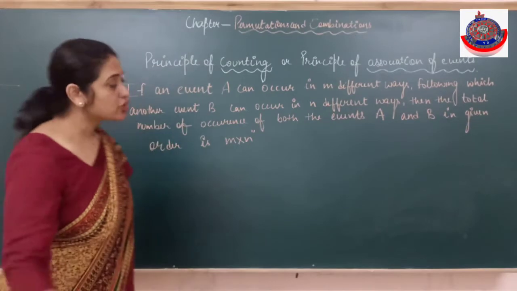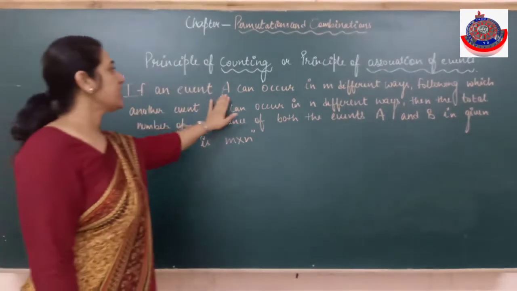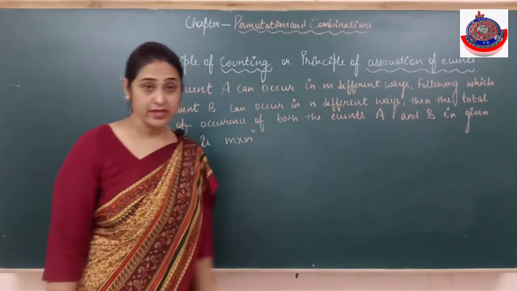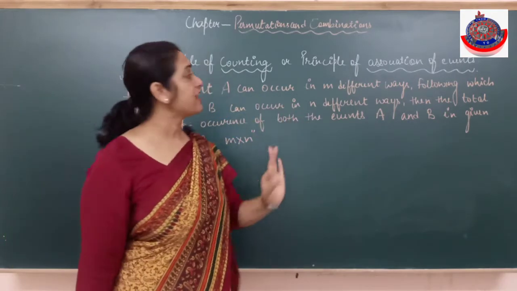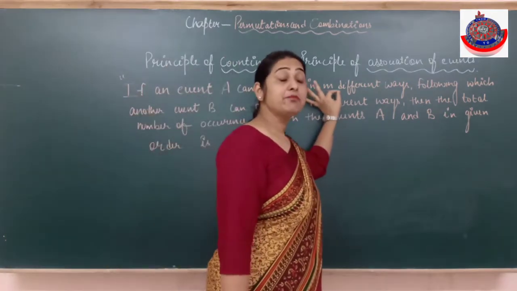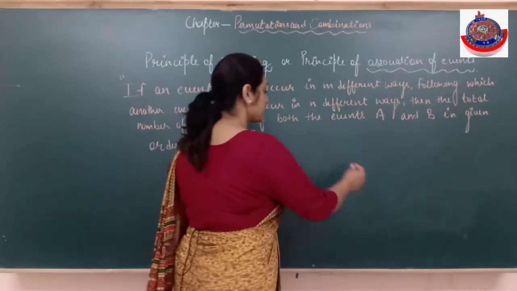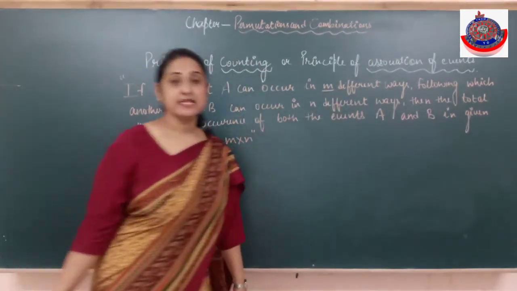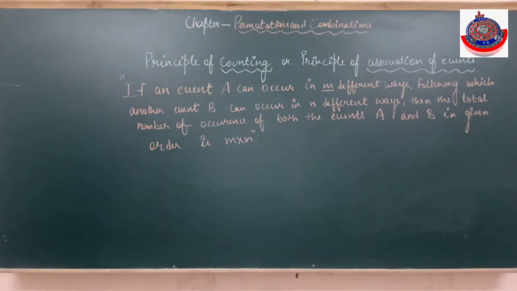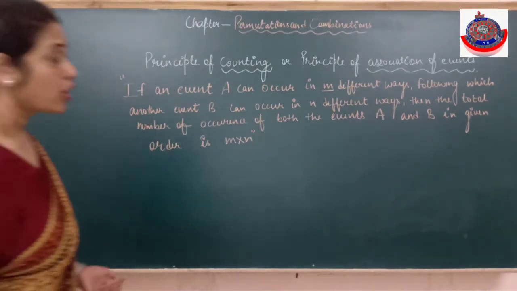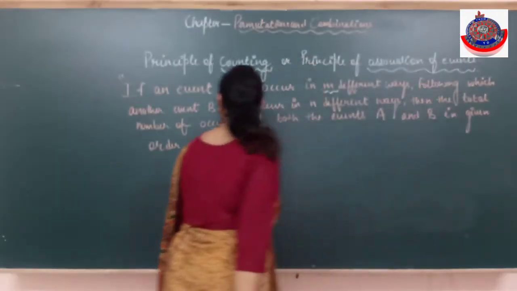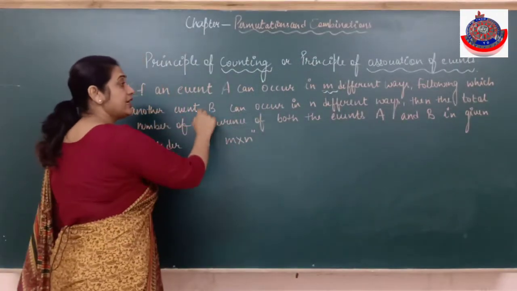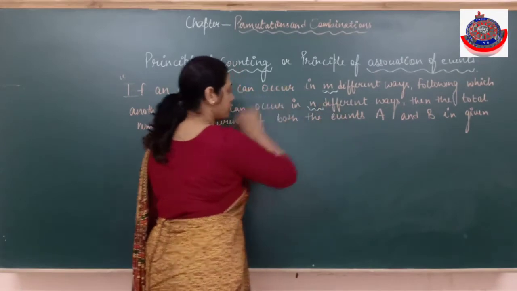Alright, so the definition is also the same. If an event A can occur in m different ways, that means the first task can be performed in m different ways, and following which another event B can be performed in n different ways.